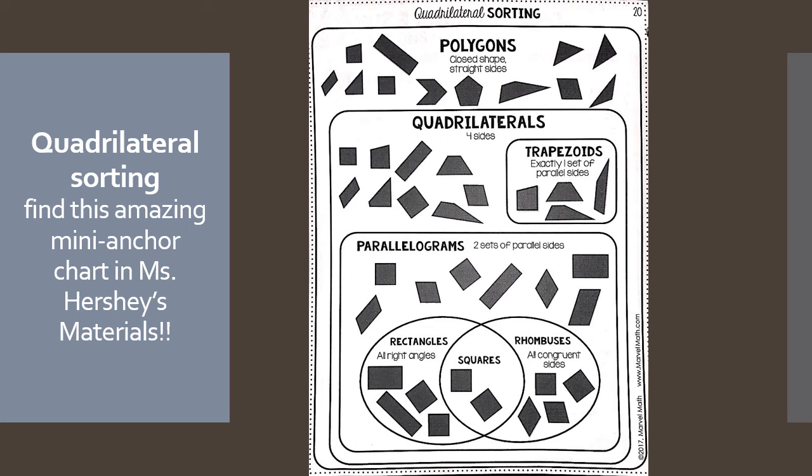The opposite of a polygon, non-polygons, would be like a heart or a U shape or a circle, because those shapes either are not closed, like you wouldn't be able to fence them in or color them in, and they have curves, and polygons cannot have curves either. That's what we mean by straight sides.